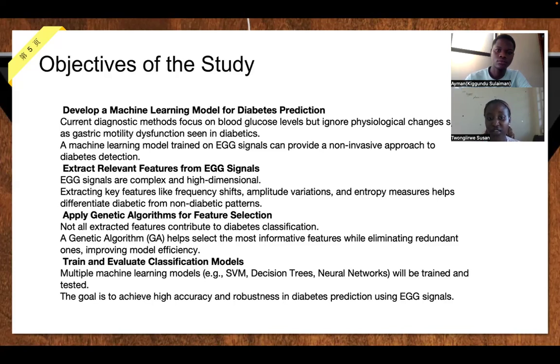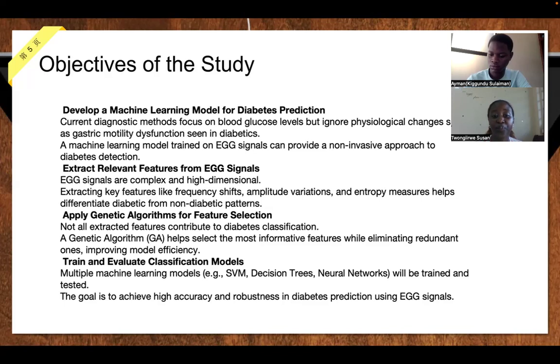Then extract features from EGG signals, which are complex and high dimensional. Then apply genetic algorithms for feature selection. As you're going to see, not all extracted features contribute to diabetes classification, so this helps select the most informative features while eliminating redundant ones.